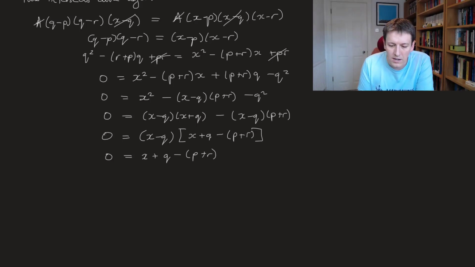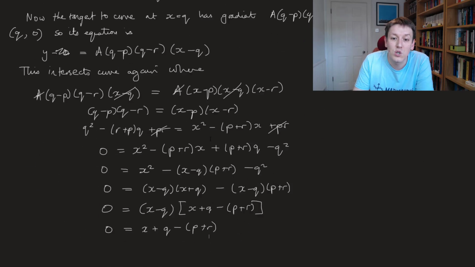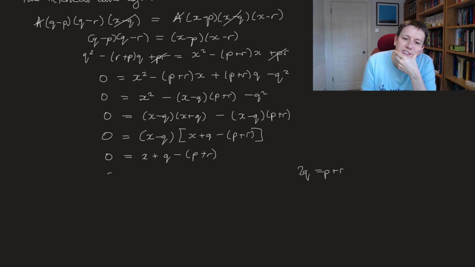So now we showed that earlier if the tangents are parallel, then 2q equals p plus r. Okay, so let's just recall that here. 2q equals p plus r, right? But this is showing us that the final intersection here is at x equals p plus r minus q, right?